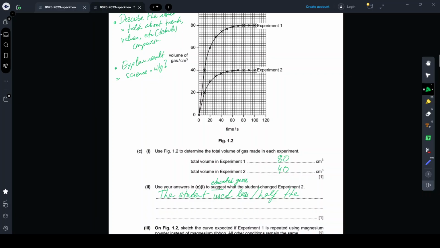Look again. The temperature will only cause the reaction to carry on for longer, right? And you can see that in both, they're plateauing at the same time, and they've been timed for 120 seconds. So I think it doesn't change the final volume unless the reaction is reversible.